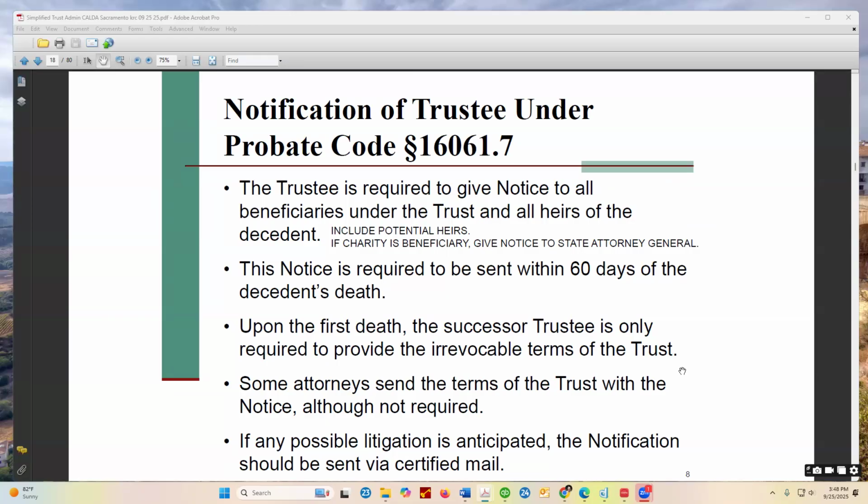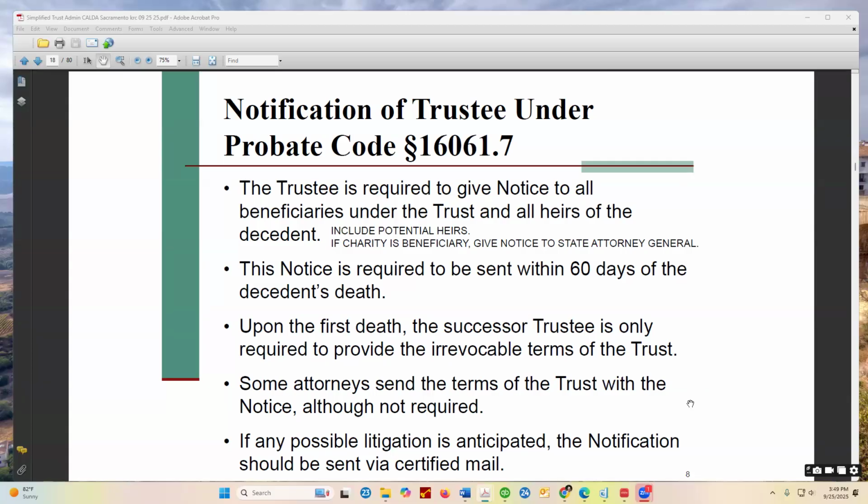The trustee must provide terms of an irrevocable trust if it's requested. Some attorneys send the terms of the trust with the notice, although it's not required. We always do. So the form says basically that I'm the trustee, I'm in charge, here's my name, phone number, email address. And you contact me for any questions about the trust.